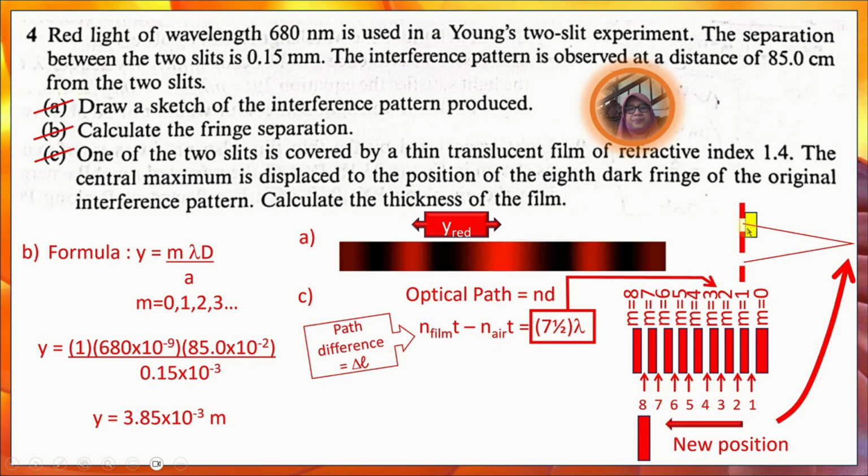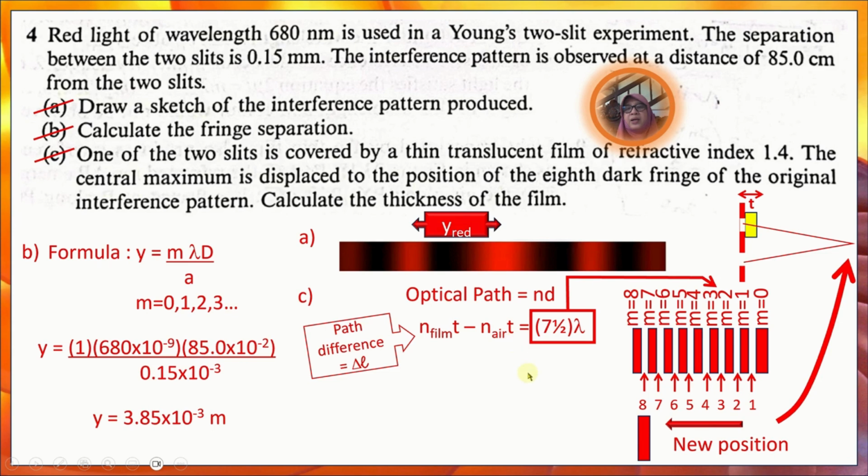For the slit we covered with the film, let's say the thickness is t. Originally it's air, so n air times t, and the distance t is replaced by the film. So the path difference is n film t minus n air t.